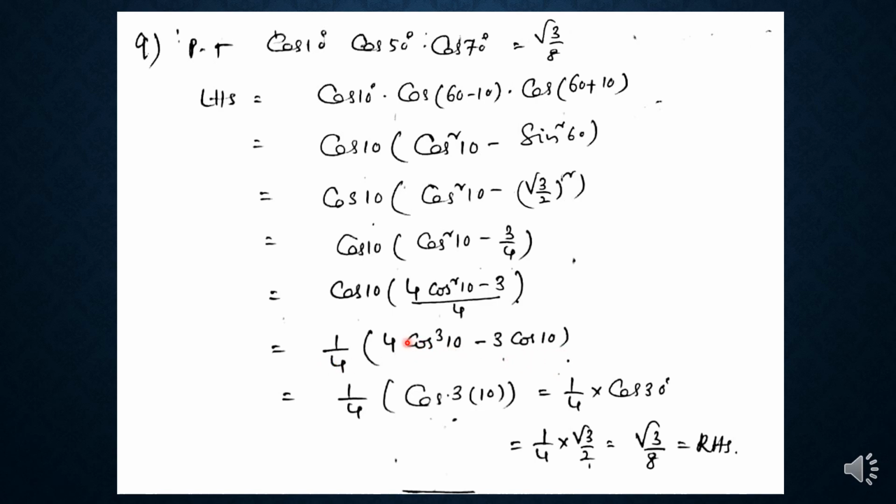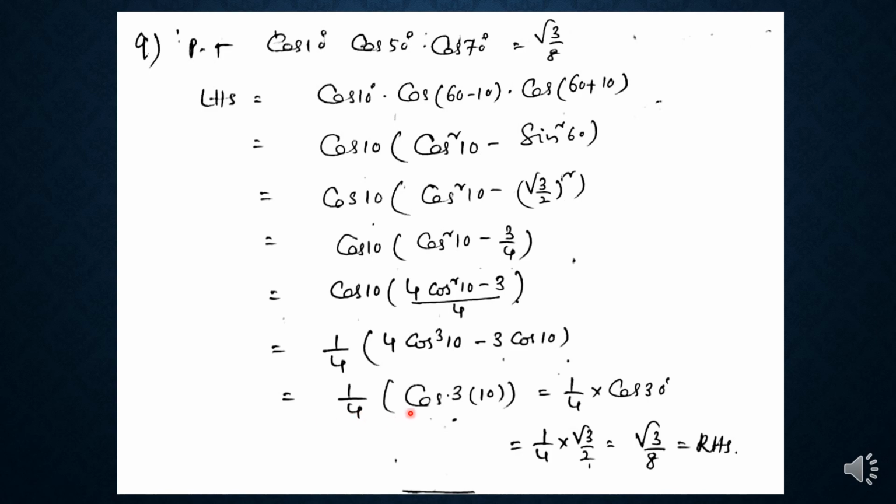So what is the standard form? This is in the form of which formula? Recognize this one. This is in the form of 4 cos cube A minus 3 cos A, which is equal to cos 3A.